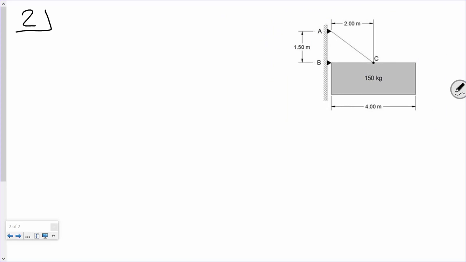Okay. So before we do anything, let me compute the weight of this sign. So it's the mass times the gravity. One big thing to remember is that if I take kilograms and multiply it by gravity, meters per second squared, kilograms times meters per second squared, that gives me newtons.